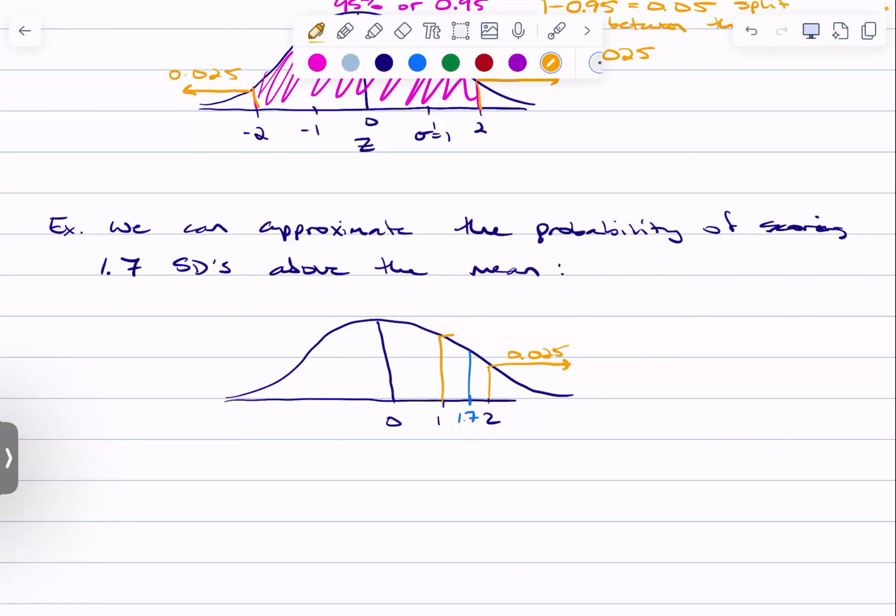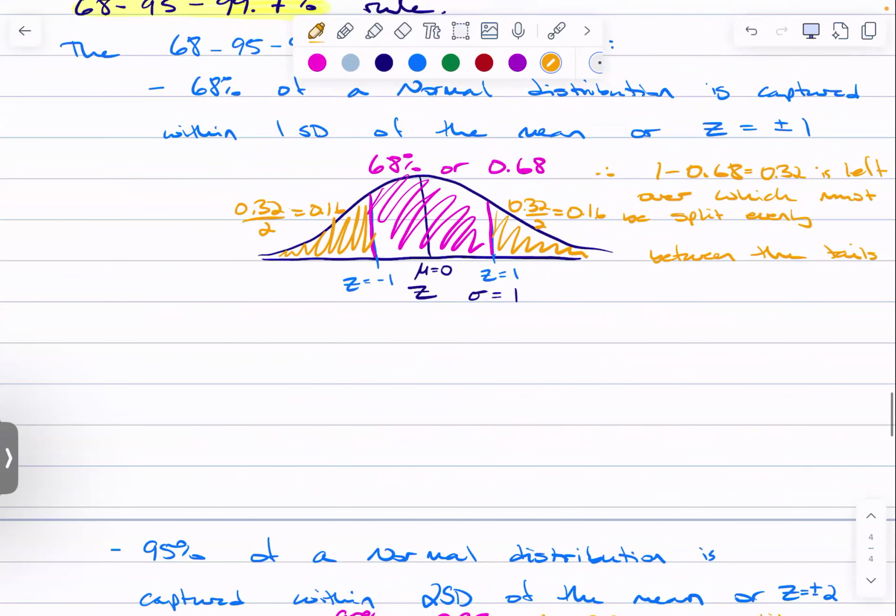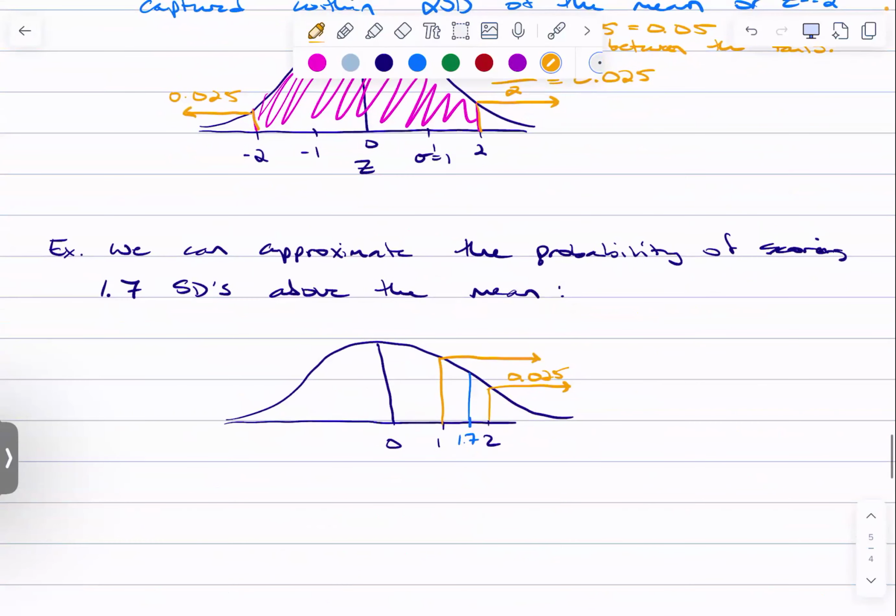And the probability of scoring more than 1 standard deviation was 0.16. So then all we can say about that probability is that it's somewhere between 0.025 and 0.16.